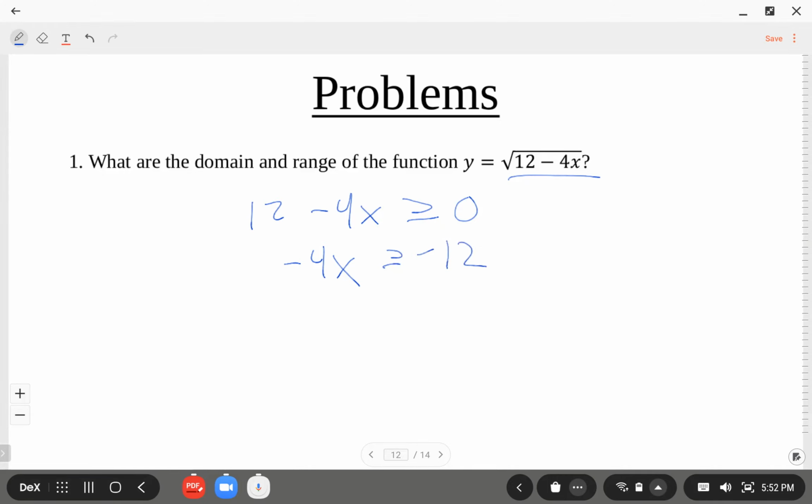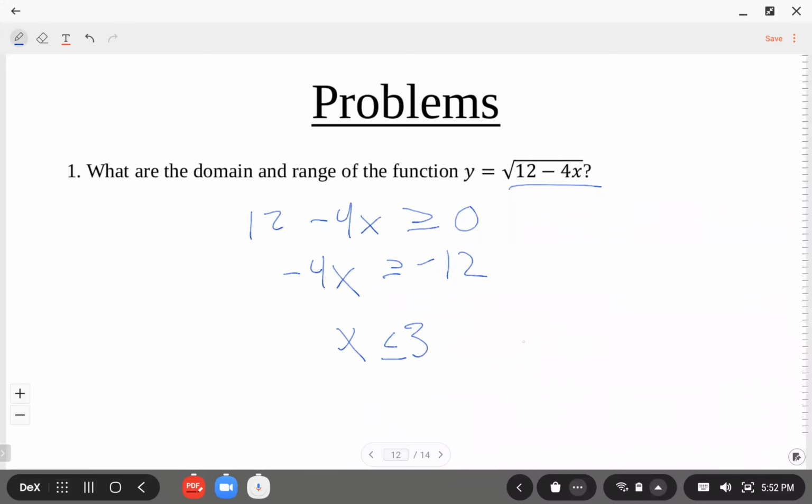And x is smaller than or equal to 3, because you're dividing by a negative here, you have to switch the sign. And then y is usually just greater than or equal to 0, because if you really just plug this in, it's 0. So that is our answer.